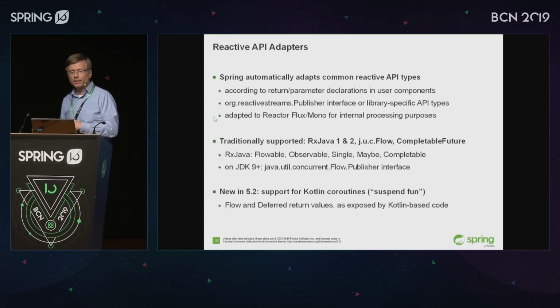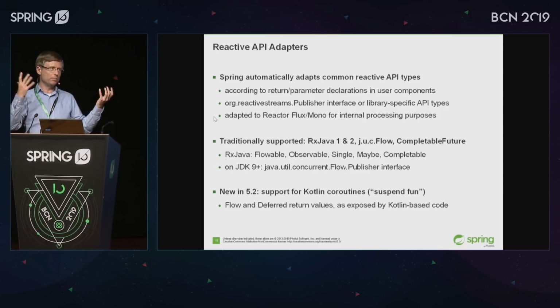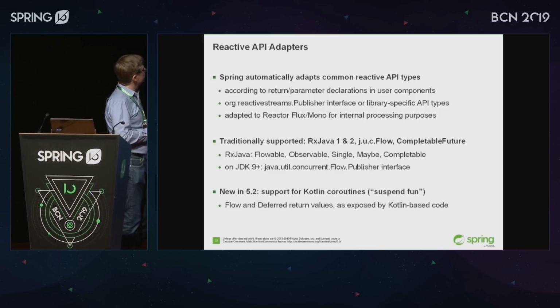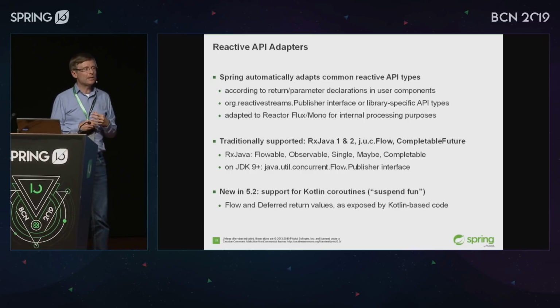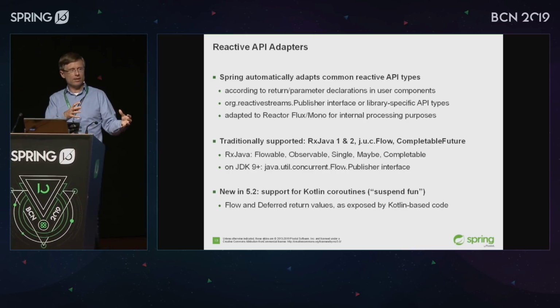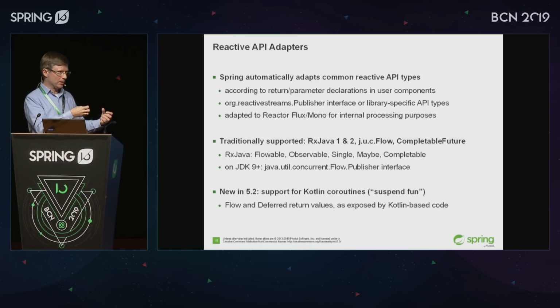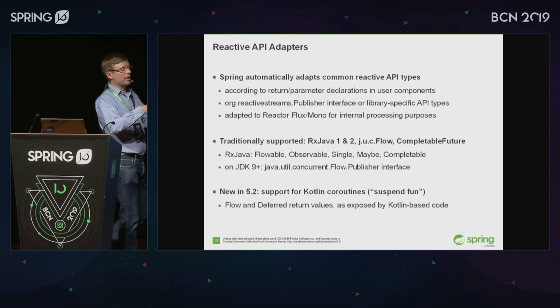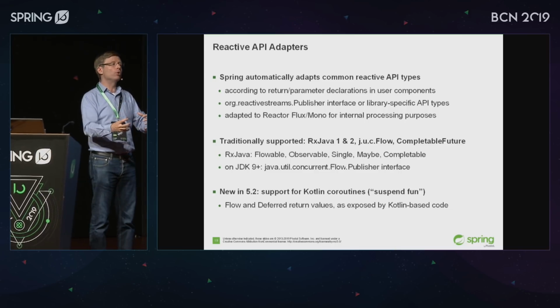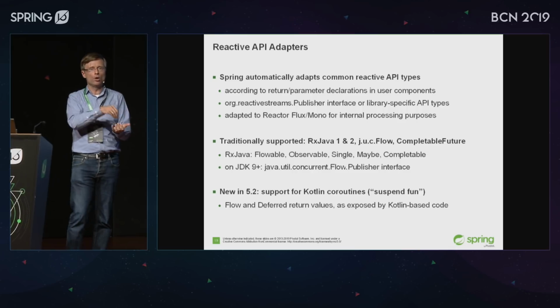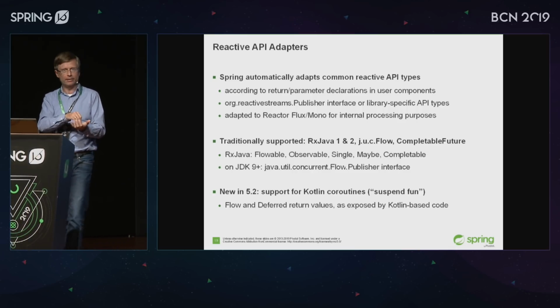So the underlying infrastructure, since I just mentioned CompletableFuture adaptation, actually uses an adapter model. In case you're wondering how we do this, it all ends up in Reactor. If you return a Reactor Mono or Flux to us, we immediately integrate this into our core reactive infrastructure directly.